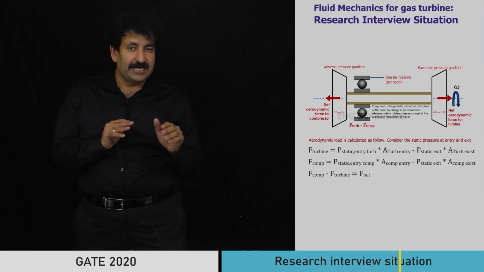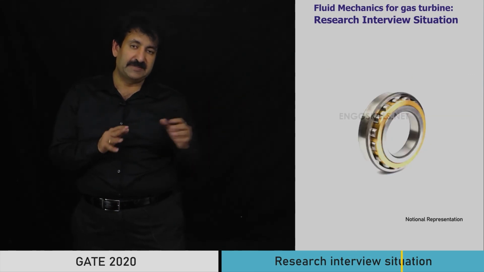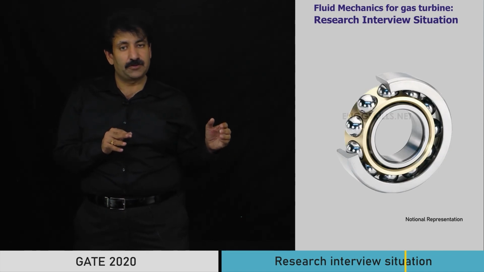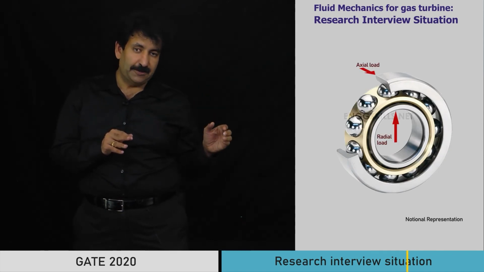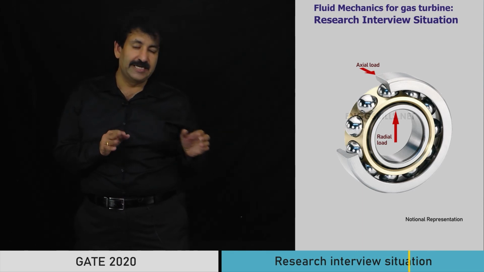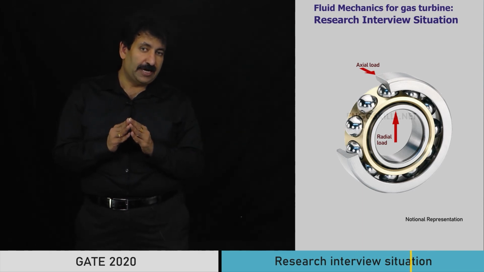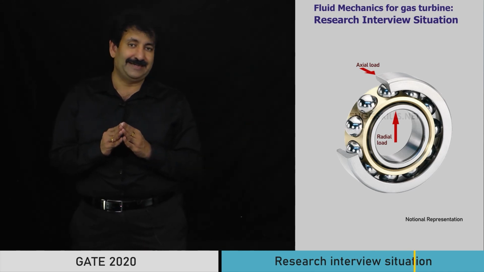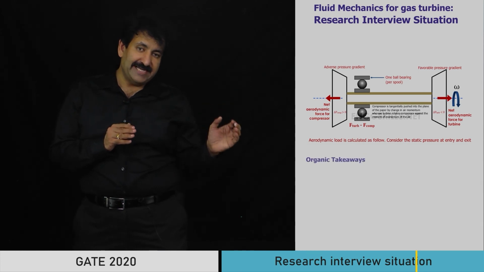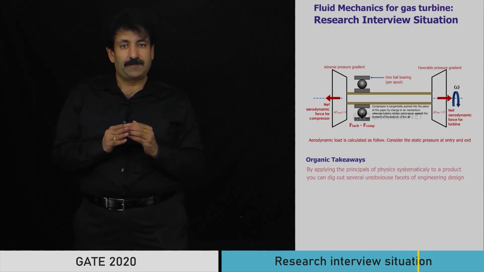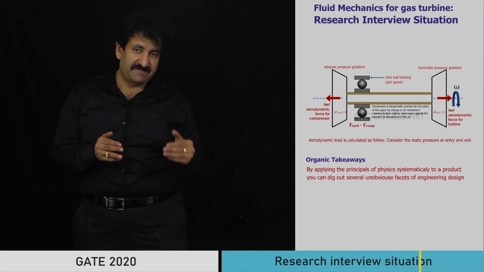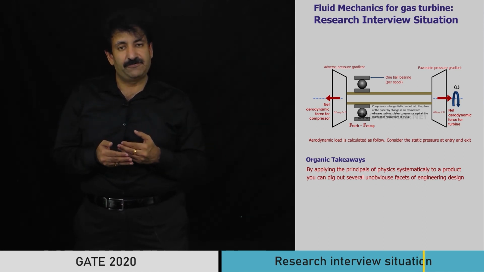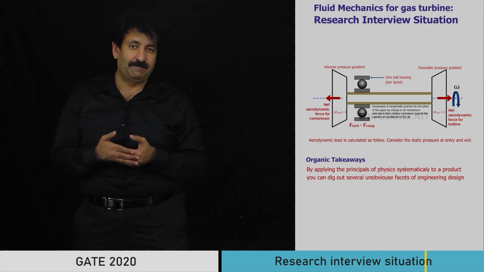And that is why you cannot use a roller bearing, which predominantly supports radial load, whereas a ball bearing, which supports predominantly the thrust load and to a certain extent radial load, is the best choice to support the differential load of compressor and turbine. This is one of the major organic takeaways. By applying the principles of physics systematically to a product, you can dig out several unobvious facets of engineering design.